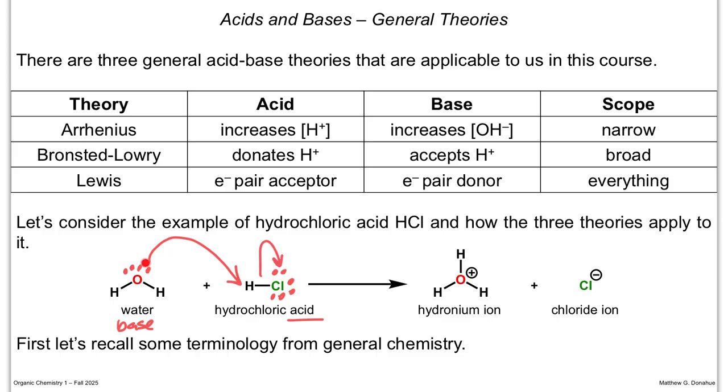So electron source, electron sink, electron source, electron sink. Another way to rationalize this, chlorine is delta minus based on electronegativity.